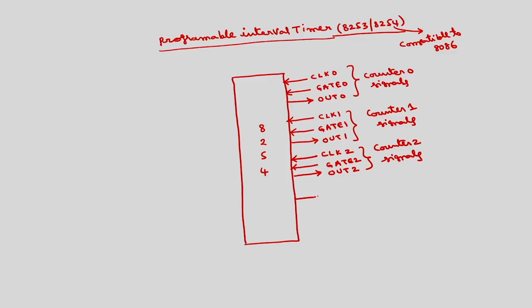Any IC will have VCC and ground. And there will be one chip select signal. And there is an 8-bit data bus, D7 to D0.